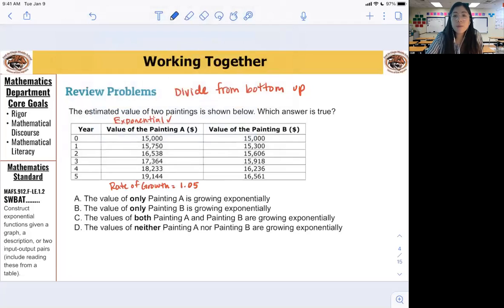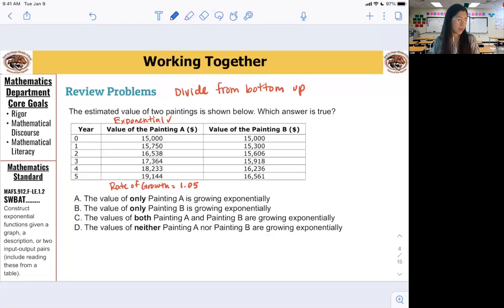All right, so based on what you got, go ahead and tell me right now, tell me in the chat, is painting B exponential or not? Let me know. I'm looking for at least 5 people to send me an answer so I can get a sense of what you guys think.